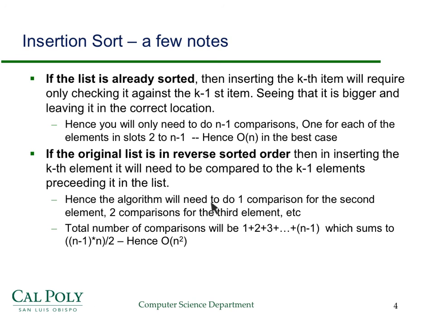Hence, the algorithm will need to do one comparison for the second item, two comparisons for the third item, etc. So the total number of comparisons is going to look like 1 plus 2 plus 3 up to n-1. And that sums to (n-1) times n over 2, and hence is big O of n squared.